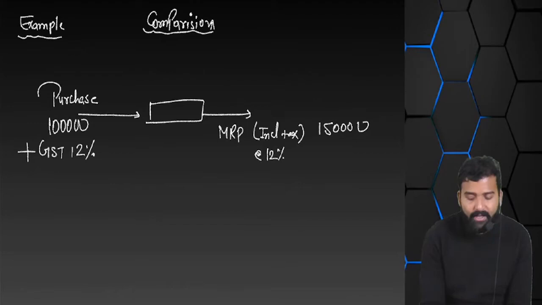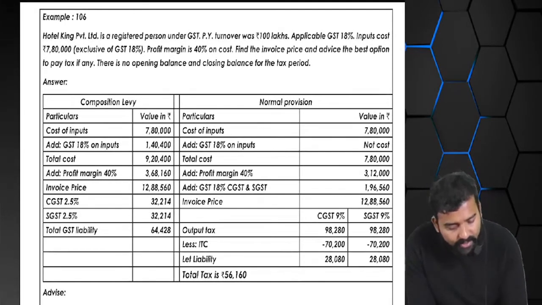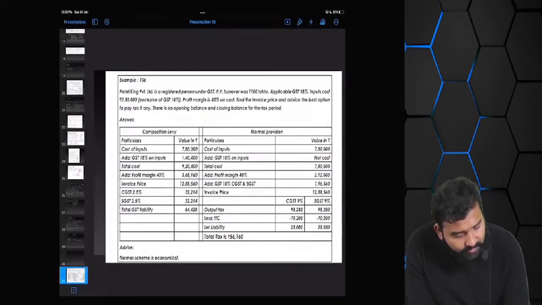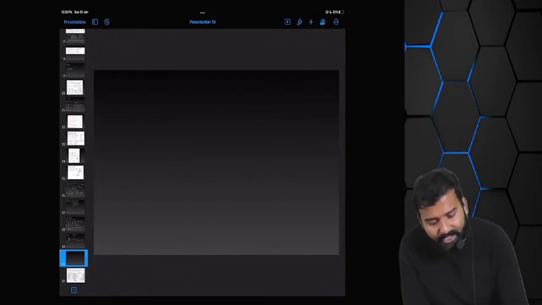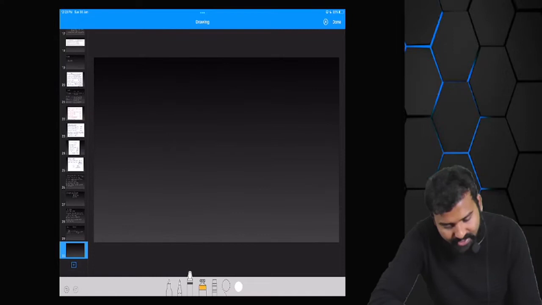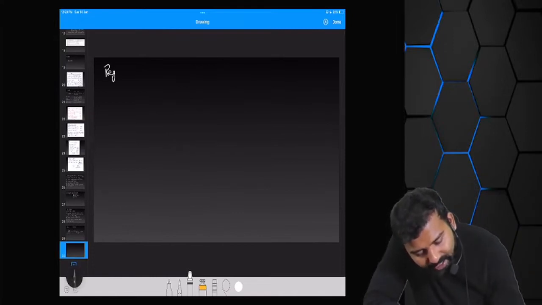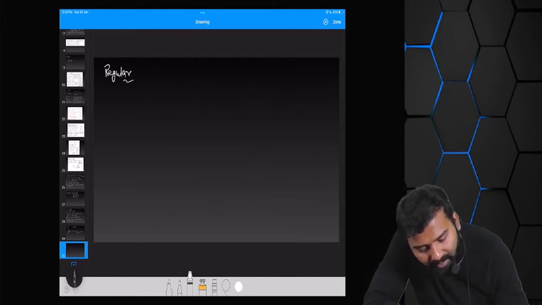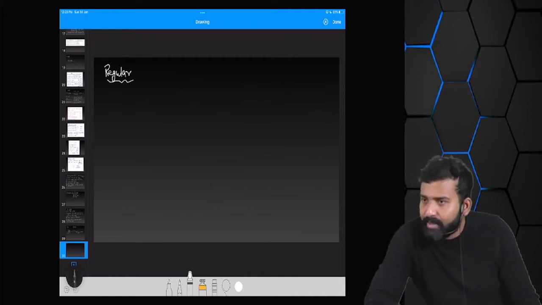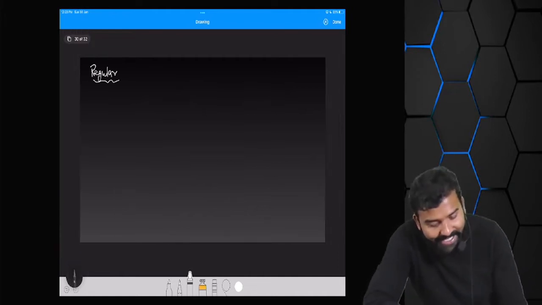Okay. Now we can create a comparison here. Listen carefully. I am comparing the 2 situations. If he is a regular taxpayer, he will fulfill all the conditions, and we'll compare what is more beneficial. Now this is a very interesting example.